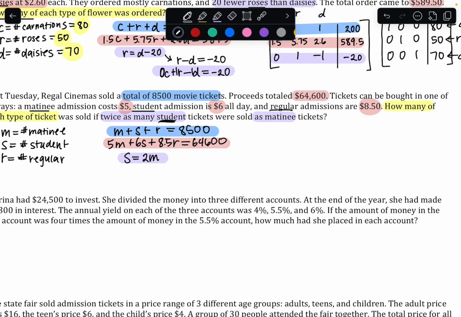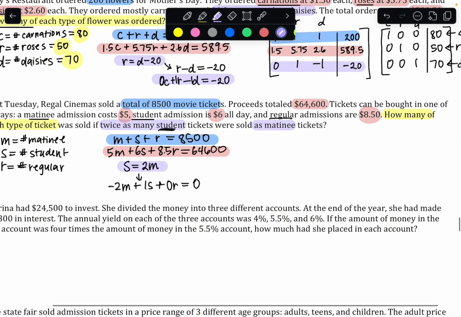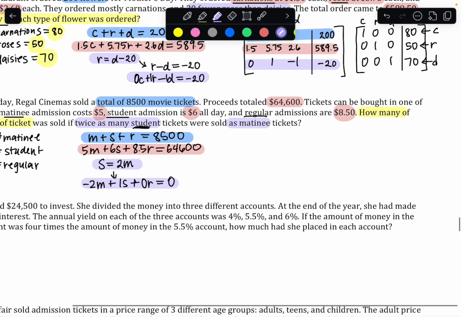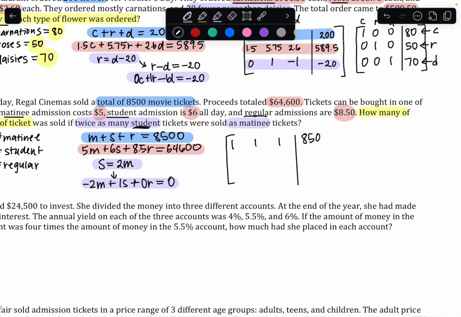We just need to rewrite this bottom equation to move the m to the other side, plus the s. There's no r in the equation. And since there's nothing left on the other side, it's going to be equal to 0. Okay, and so for the augmented matrix, we would have 1, 1, 1, 8,500 from the first equation.